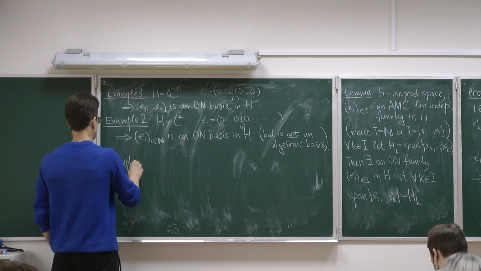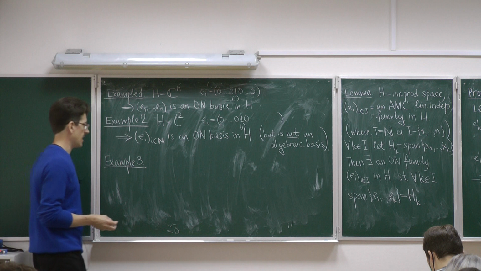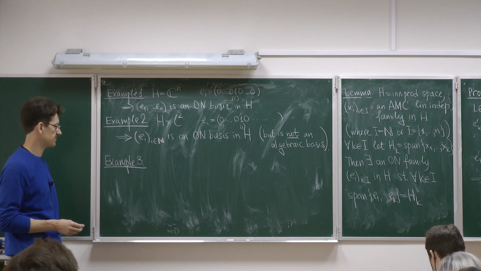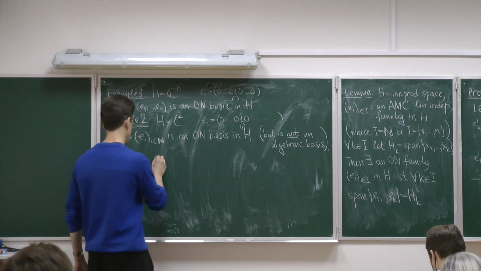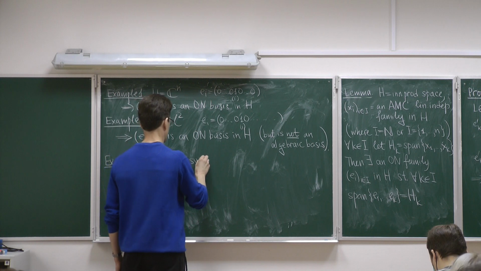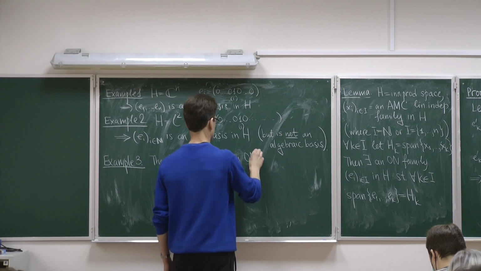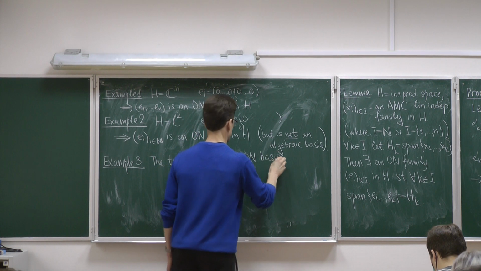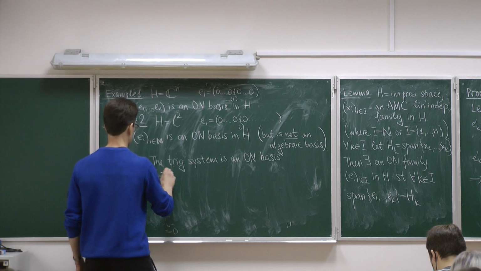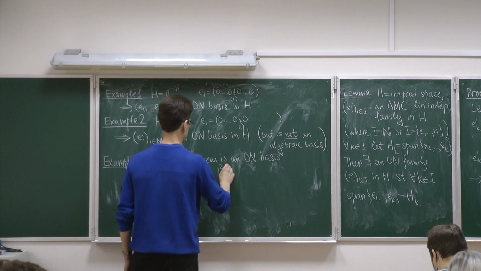Example 3. It's a standard fact. I wouldn't say that it is trivial, but it is classical, and I hope you know this fact from your calculus course. The trigonometric system is an orthonormal basis in L2 on the interval, or if you like, in L2 on the circle.